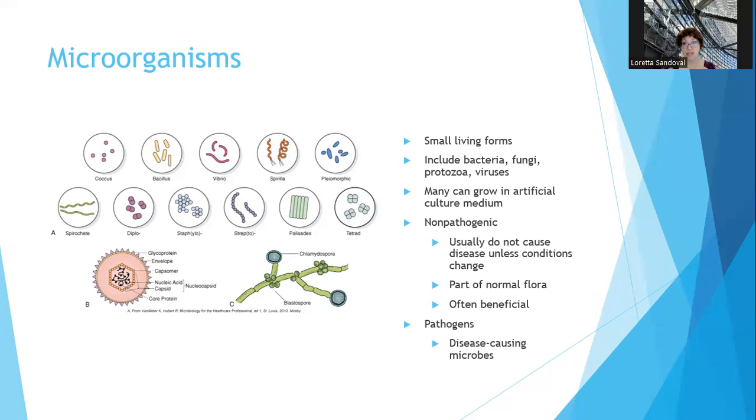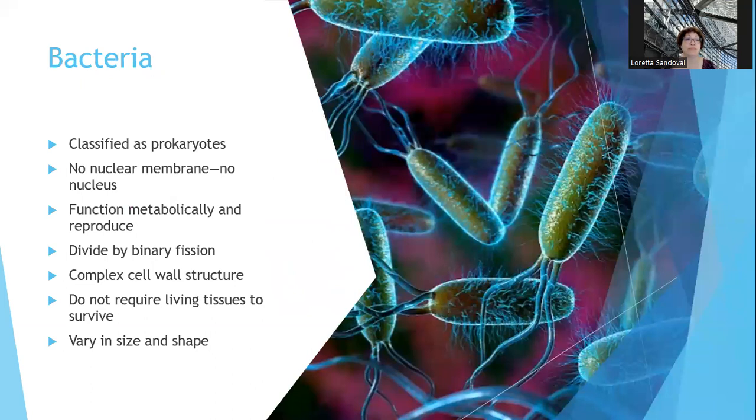Some of them can then take on a disease-causing role. A lot of them are part of the normal flora of our body. They live with us on a day-to-day basis, and they provide some services to us that are pretty beneficial. So often these non-pathogenic microorganisms are beneficial. Pathogens are just flat out disease-causing microbes, and those are the baddies. We want to avoid those guys.